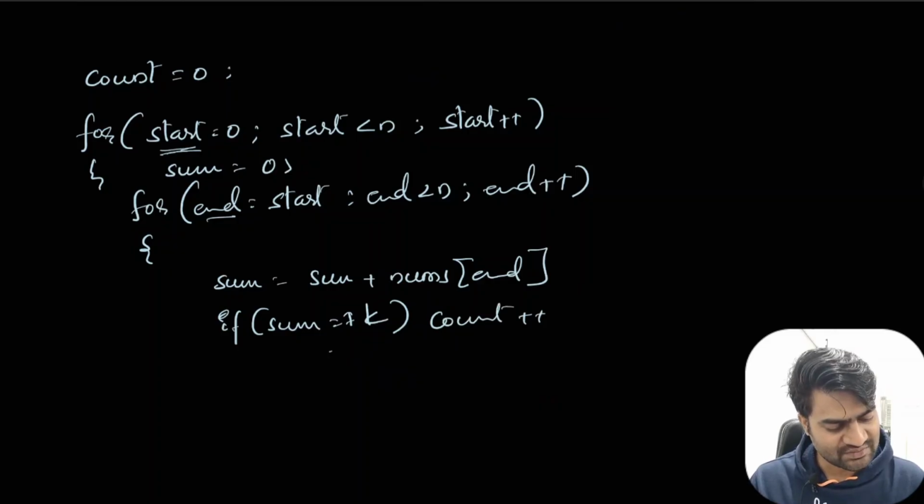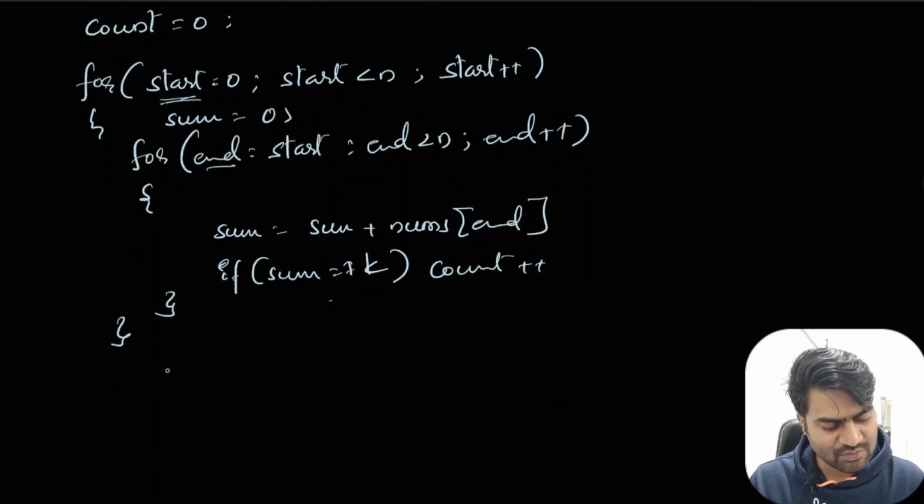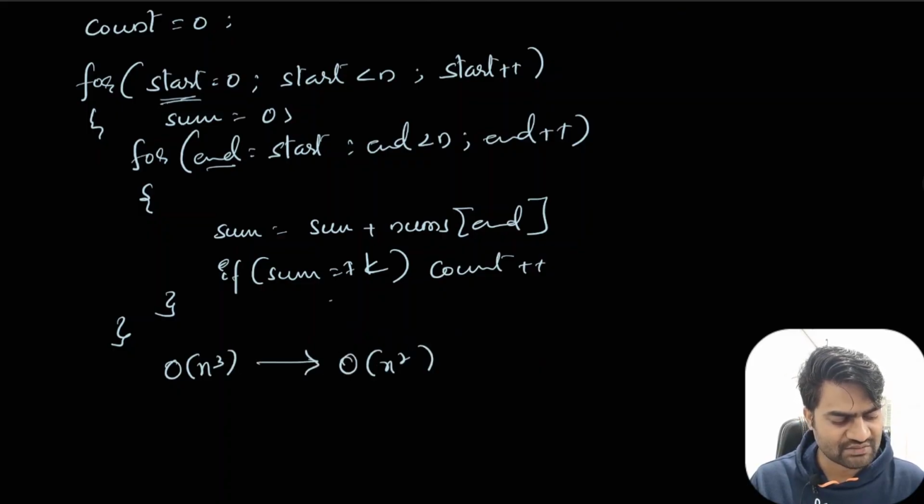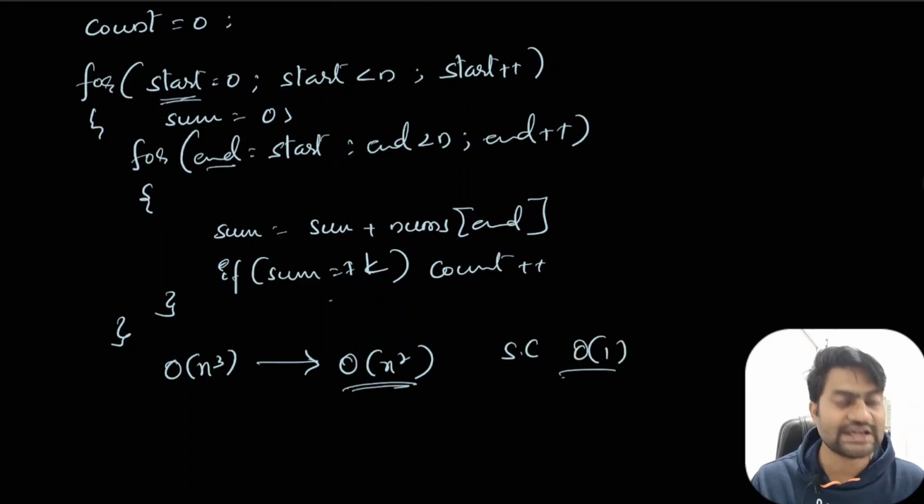This way we can boil down our time complexity from O of n cube to O of n square. Our space complexity is again O of 1 because we are not using anything extra.